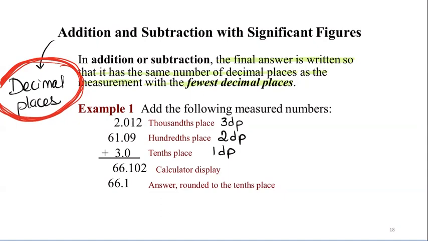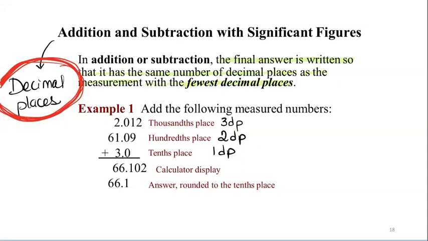Calculators are just a tool that, if you put in digits, will output specifically the numbers that the screen can hold. So understand that when it comes to this, your calculator display is not your final answer.